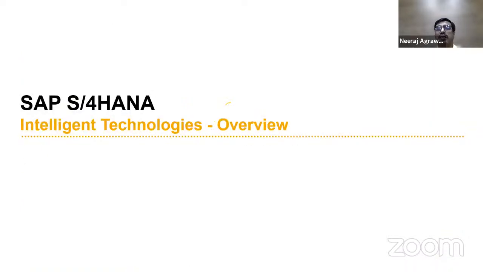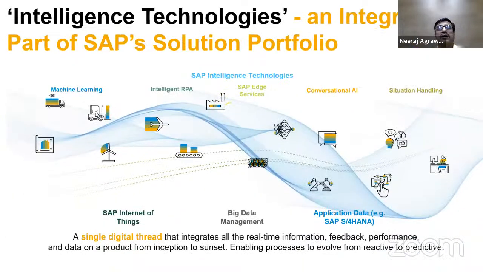Okay, next we quickly move on to the intelligent technologies. So the intelligent technologies that SAP is currently working on and enhancing include machine learning, intelligent robotic process automation, conversational AI, situation handling, and things.